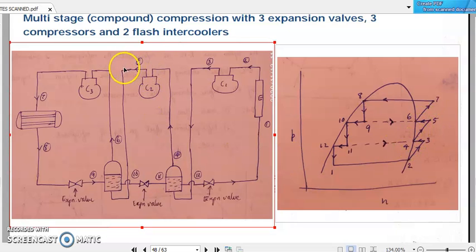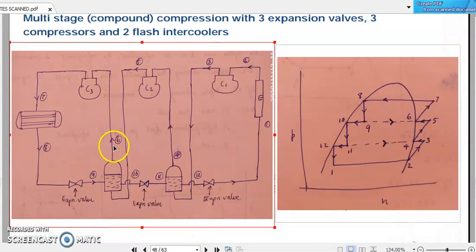Immediately after 5, the refrigerant again passes through the second level of flash gas chamber, or flash intercooler, from 5 to 6. We can represent 5 to 6 as a horizontal line. This 5 to 6 represents the intercooling action by the second flash gas chamber present over here.